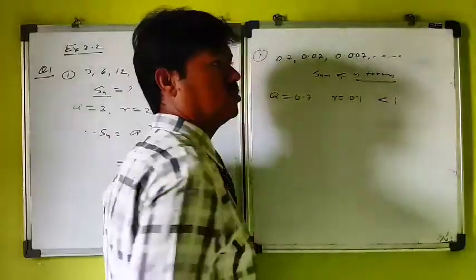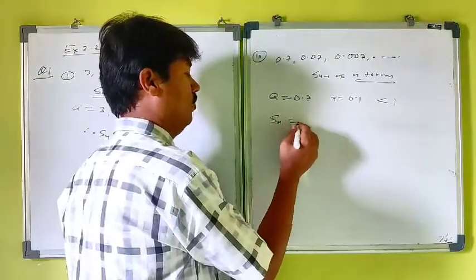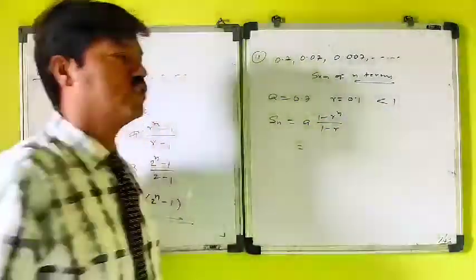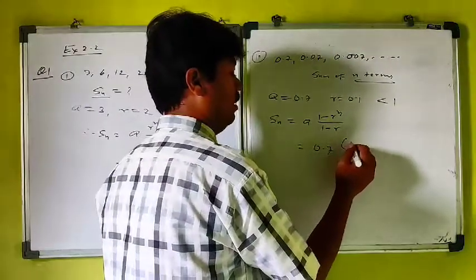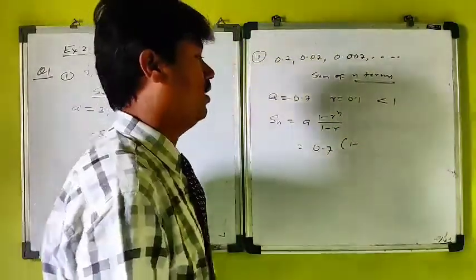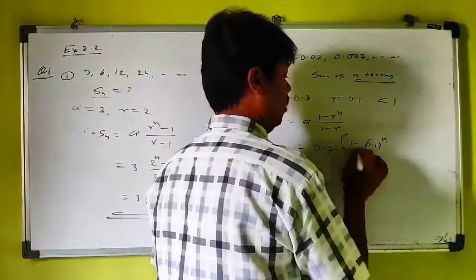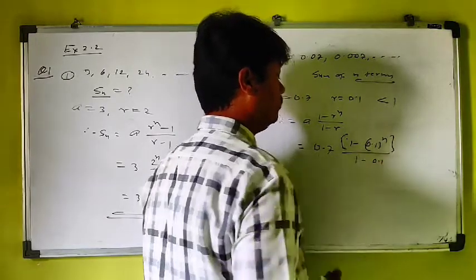It's less than 1. So here the sum of n terms is given by Sn is equal to A times 1 minus R raised to n upon 1 minus R. So we will use this formula in this. So A का value is 0.7 as it is, 1 minus 0.1 raised to n upon 1 minus 0.1.